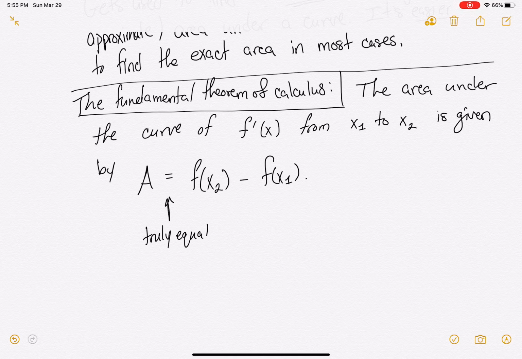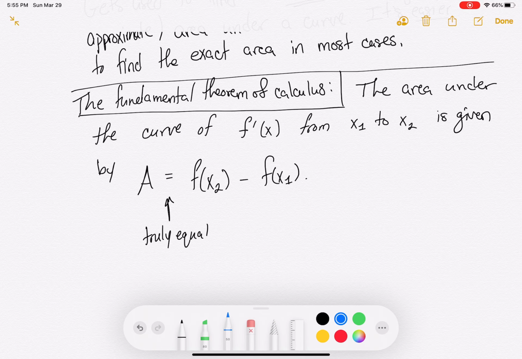So you'll notice it's the derivative up here. Derivative there, and these are not derivatives.